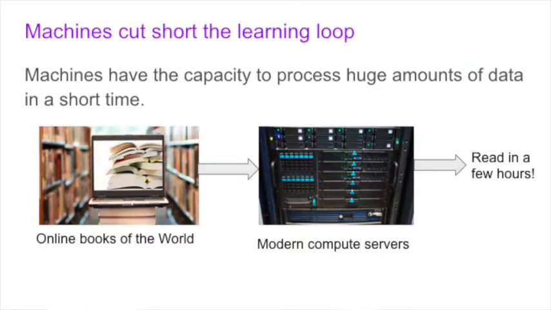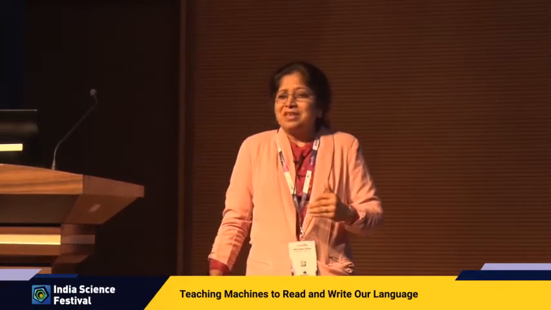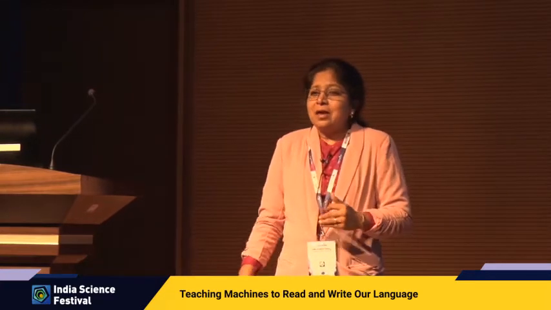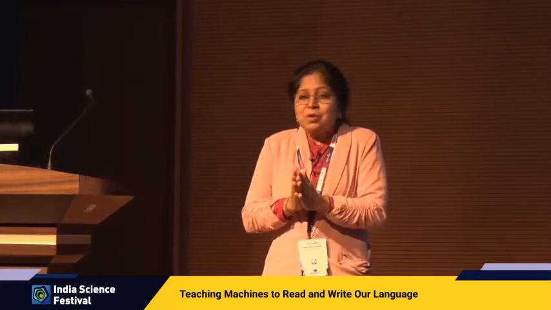Actually, machines cheat. Machines cut short this painful curricular learning stages, and they are able to get more than 10 years of learning within a few days, because they have immense capacity to process information at a dizzying pace.